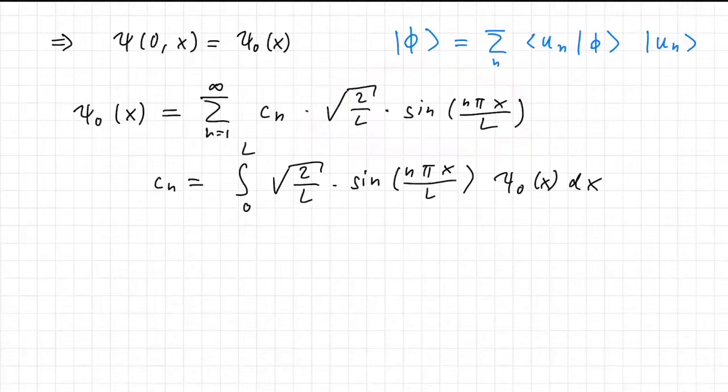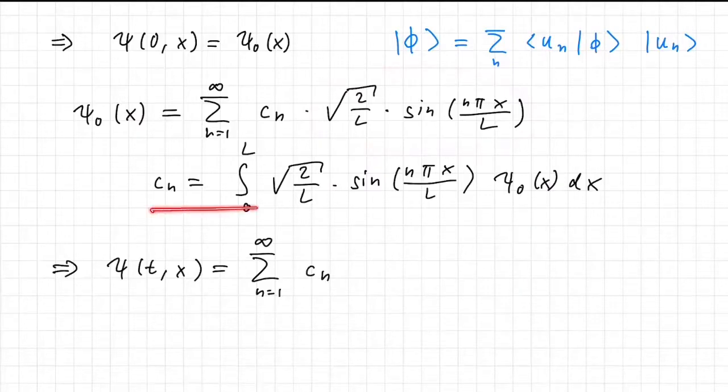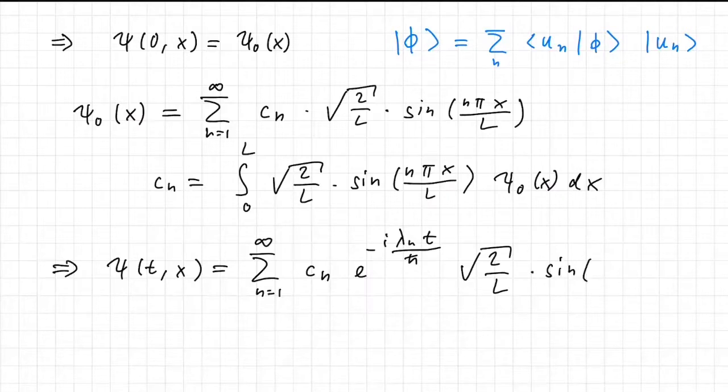It had the simple time dependence of e to the minus i lambda n t over h bar, so that our complete solution becomes psi of t, x equals sum over n equals 1 to infinity of Cn, so these are the Cn's that are defined here, times e to the minus i lambda n t divided by h bar times square root of 2 over L times sine n pi x divided by L. And that is now our final and general solution to the partial differential equation with the given initial and boundary conditions.